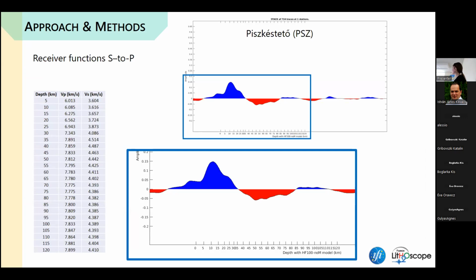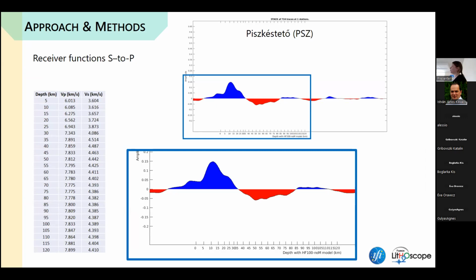We did it until 120 kilometers depth with a resolution of 5 kilometers. And then we used the S2P receiver functions, where on the x-axis there is the time, and on the y-axis there's the amplitude.